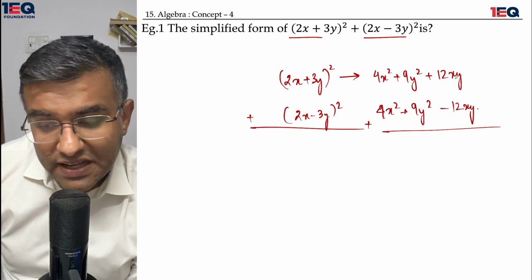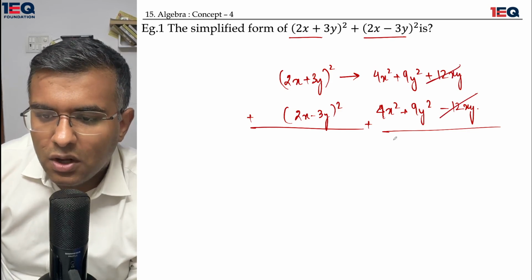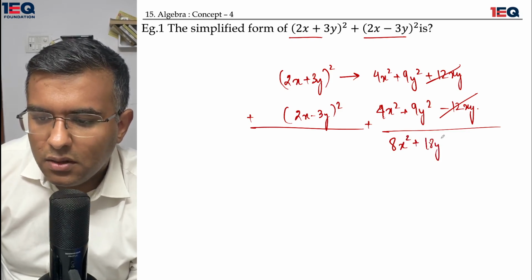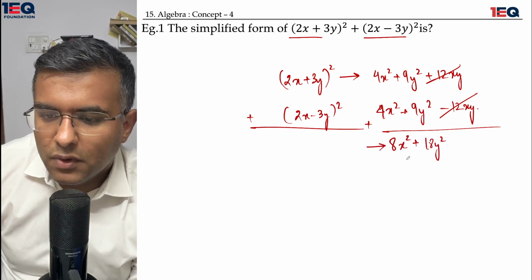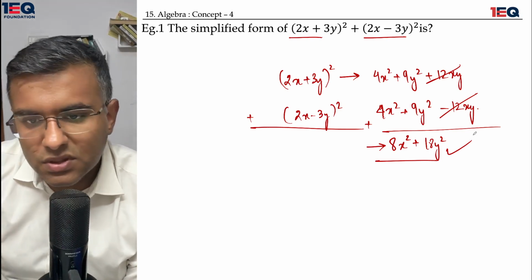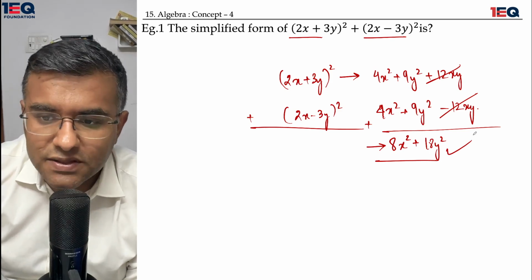When I check, these two things get cancelled out. All I am left with is 8x square plus 18y square. So this is the simplified form of the question that was given to us.